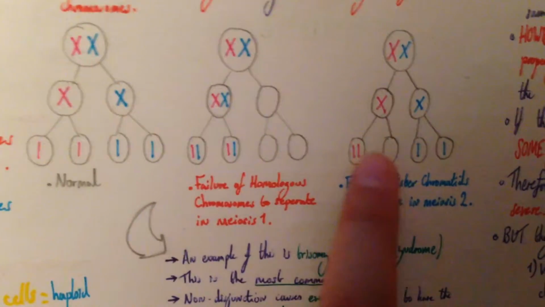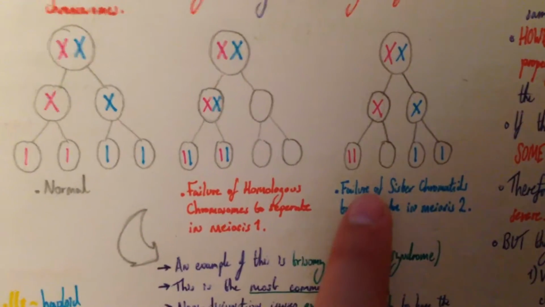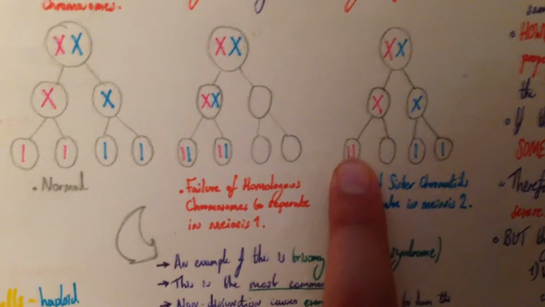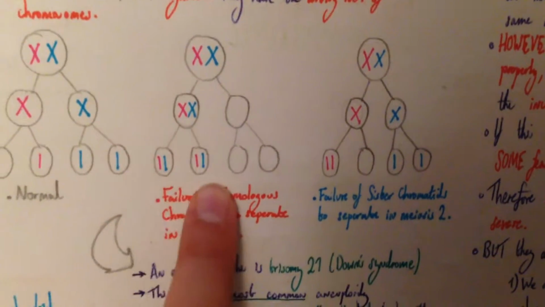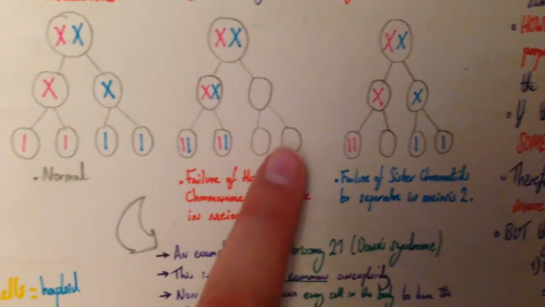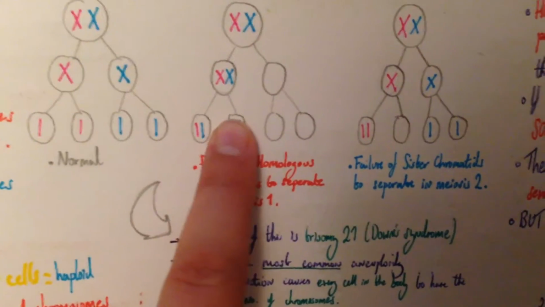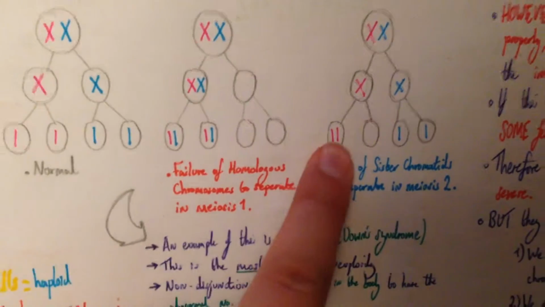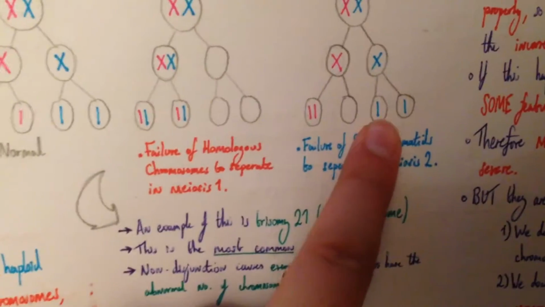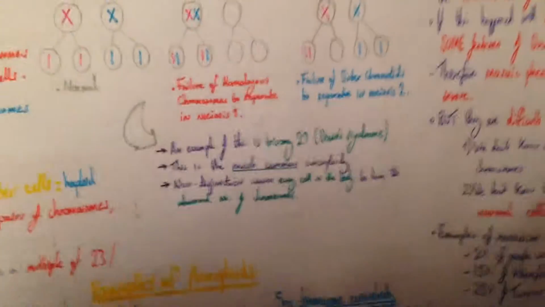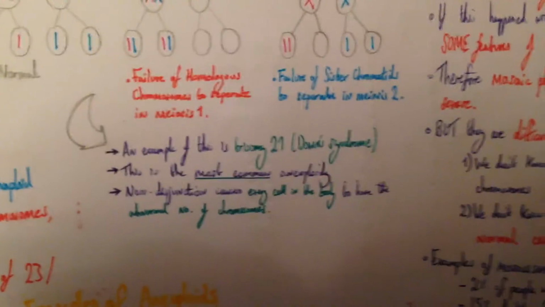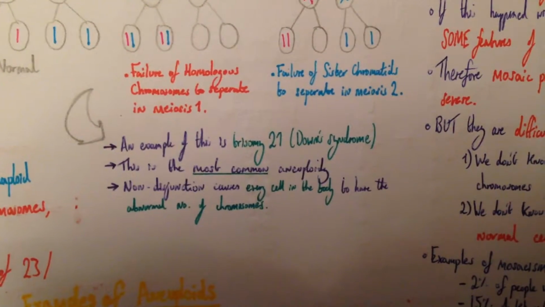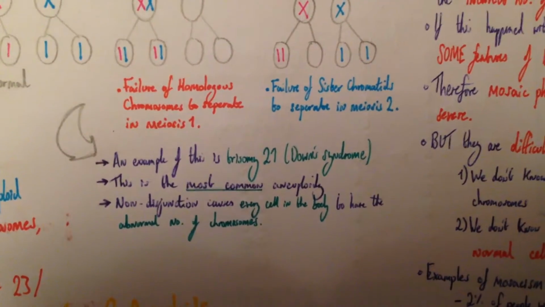That means when that one gets fertilized, there'll be 3 of that chromosome, and when these two get fertilized, there'll be 3 of each chromosome, and when these get fertilized, there'll only be 1 of each chromosome. So that would be trisomy, that would be monosomy, that would be normal. An example of this is trisomy 21 or Down syndrome. This is the most common aneuploidy. It's a non-disjunction.